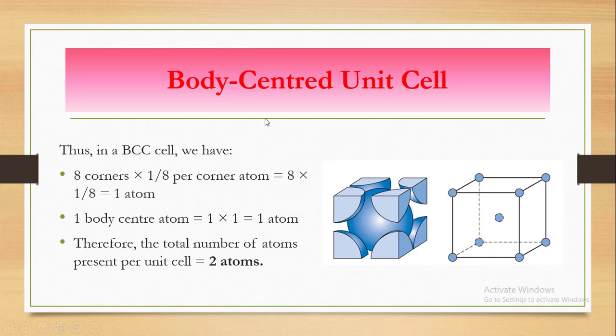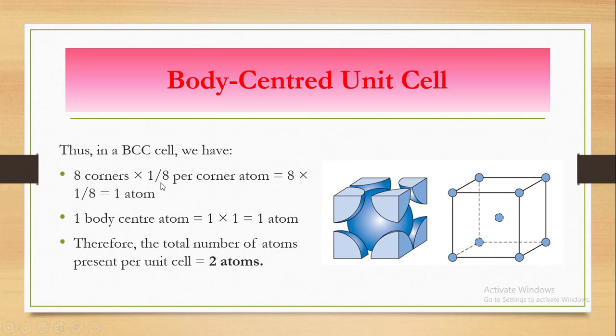Next, coming to the body-centered unit cell, there are 8 atoms at the 8 corners of the unit cell, and there will be 1 atom at the center of the unit cell, or we can say at the body. So look at this diagram. Similarly to the previous one, there are 8 atoms at the 8 corners, which will contribute 1/8 each, and there is 1 atom at the center of the unit cell.